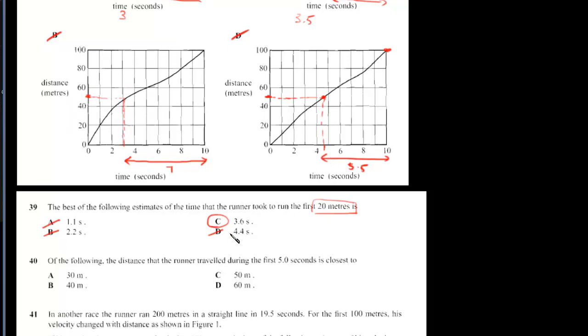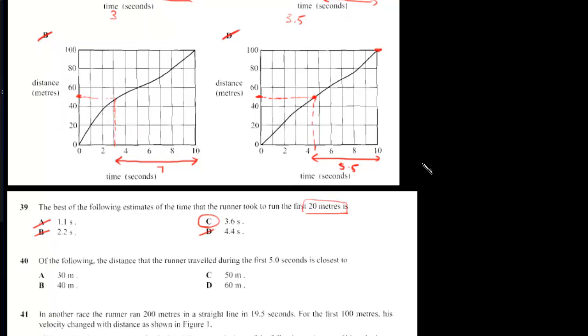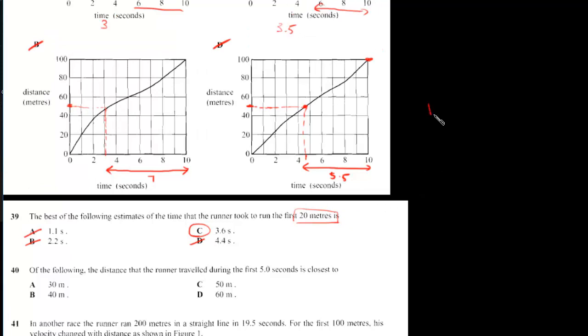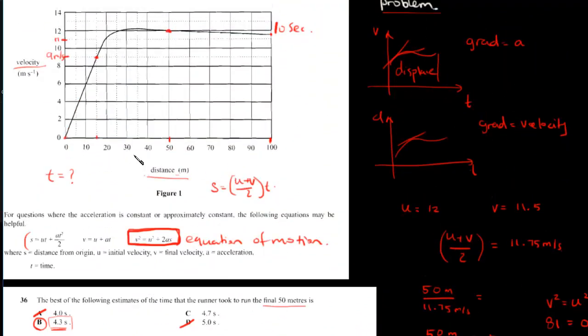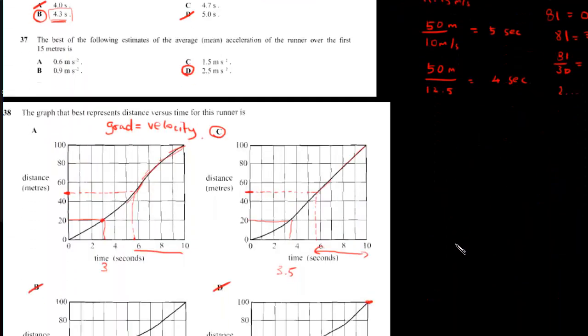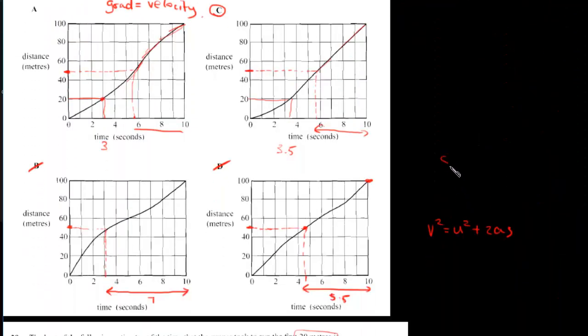Okay, so that's one way of doing it. Another way of doing it is you use this equation: v squared is equal to u squared plus 2as. You can go up here and see that at about 12 there, the velocity is 11, right? So when it reaches 20 meters, the velocity became 11 meters per second.